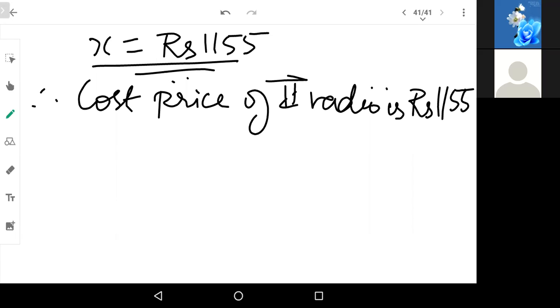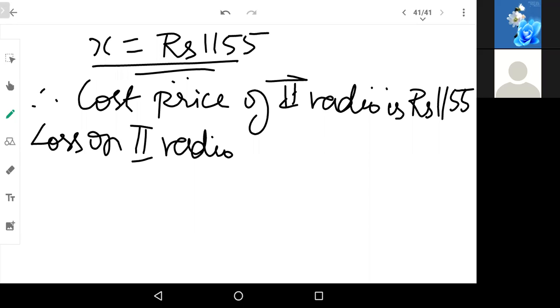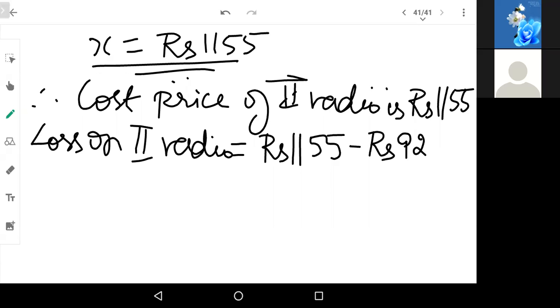Now let us find the gain or loss on the second radio. They have told us he has undergone a 20% loss. So the loss on the second radio is equal to the cost price, 1155, minus the selling price, 924.